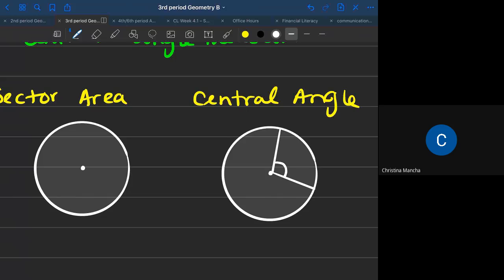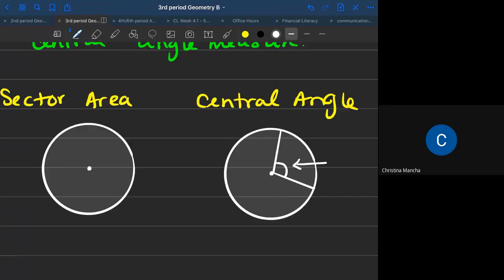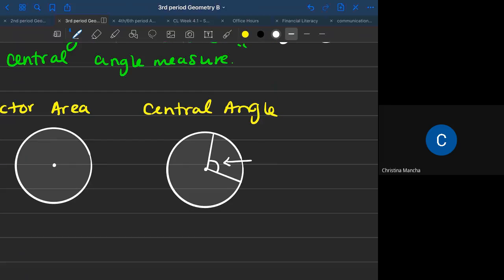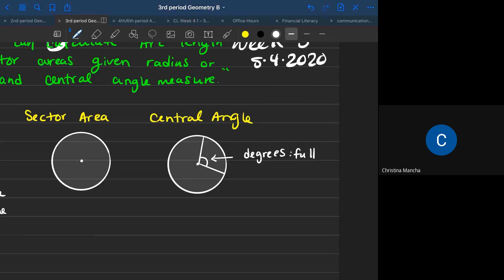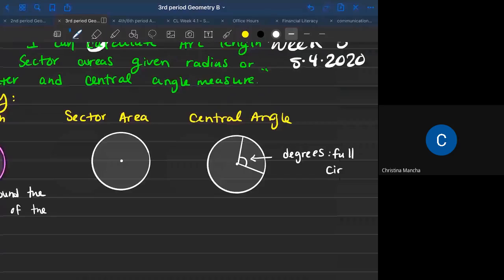Here, we weren't given measurements in some of them last week, but remember that it can be measured in degrees. And so a full circle is 360.